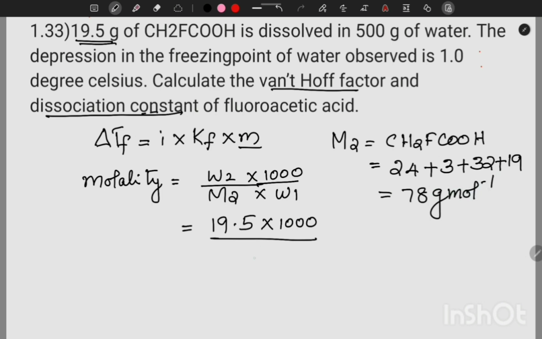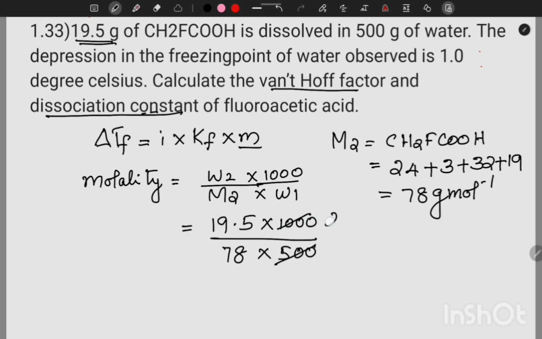Now let us substitute here. M2 molar mass, we got it as 78, into mass of solvent is 500 gram. So for converting into kilogram, 500 by 1000, that went to the numerator.